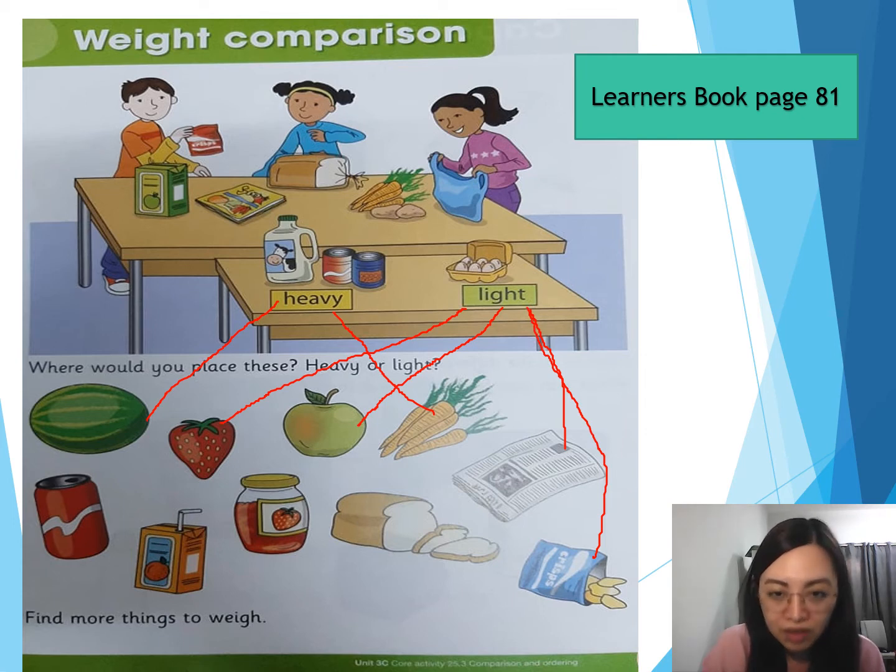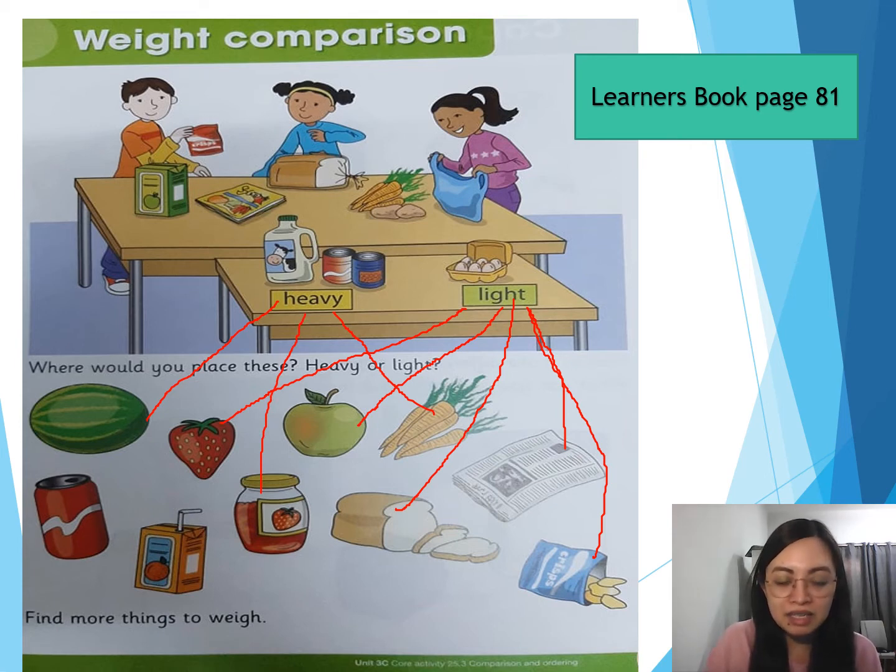And what do you call this, kids? Yes, it's a bread, a loaf of bread. Is the bread heavy or light? Okay, it is also light. How about this big jar of strawberry jam? The jar of jam is heavy.